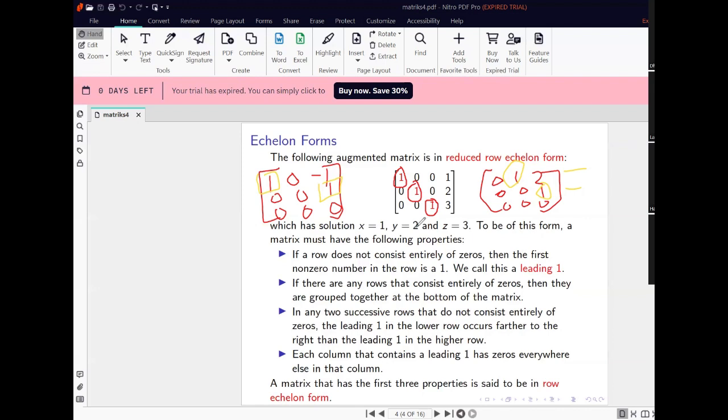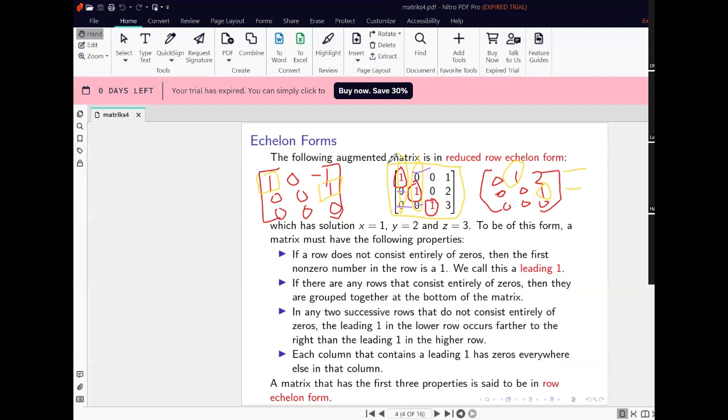For example, this is an example of the reduced row echelon form because in each column that contains a leading one, this is the first column, it has zeros everywhere else. This is 0 and this is also 0. We go on to the leading one in the second row, and it has zeros everywhere else.